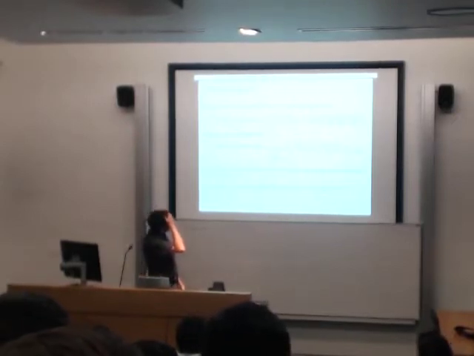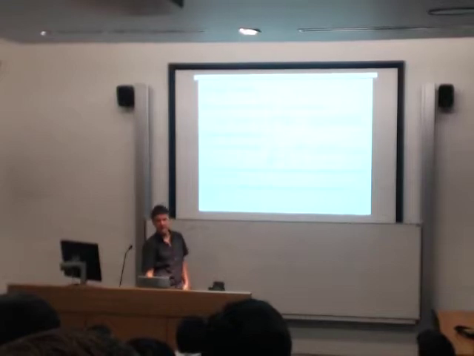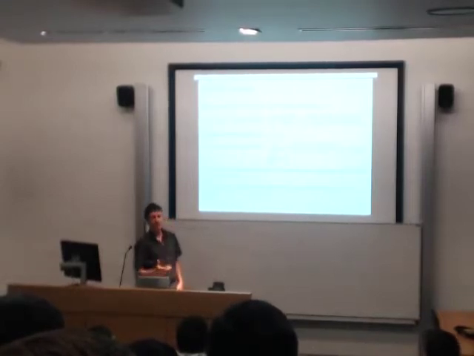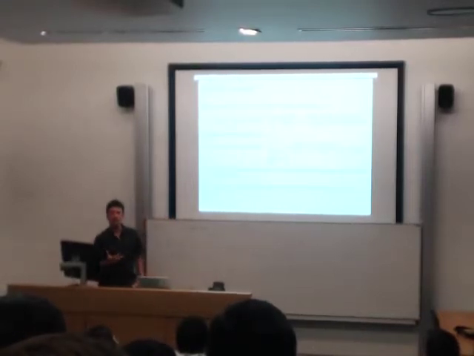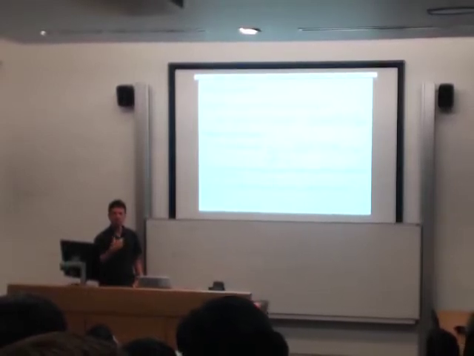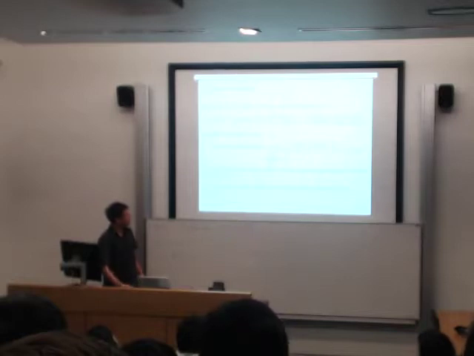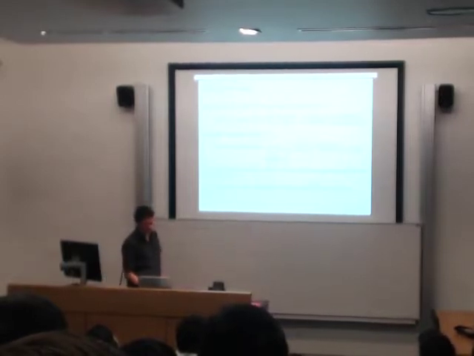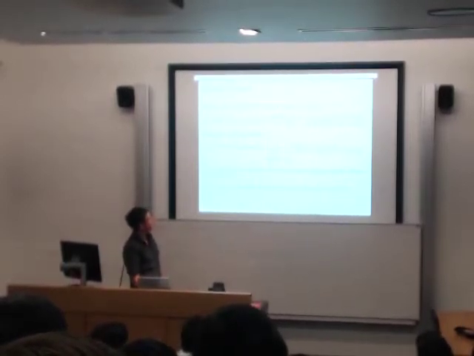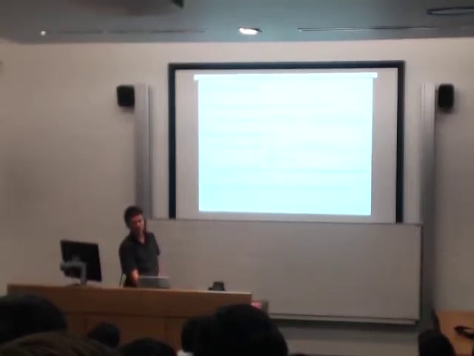Now, the problem is that we don't have direct access to this. We only have direct access to a model which contains three variables: butler, maid, and whether a knife is used. So I'm going to take the joint distribution, and I must make reference to the joint distribution all the time.